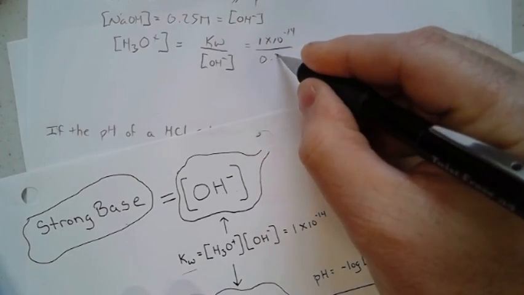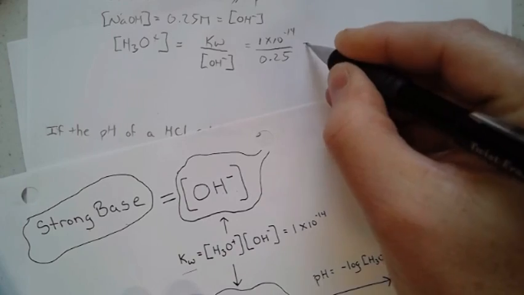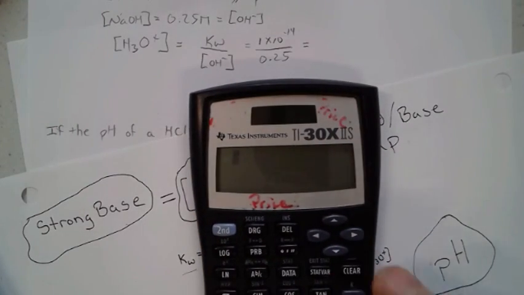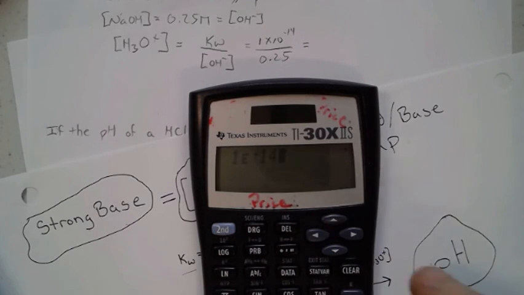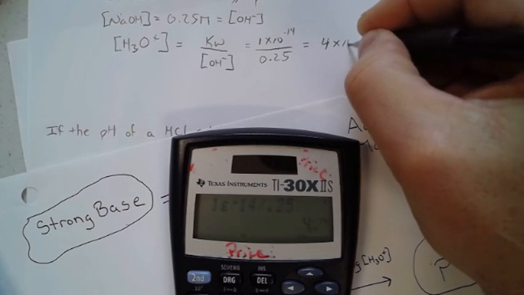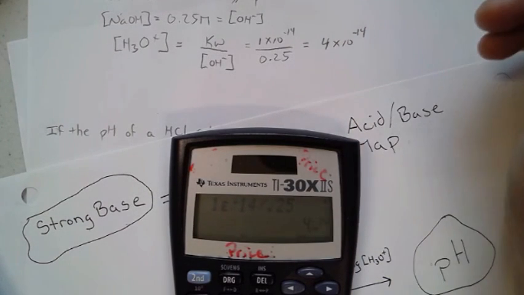OH in this case is 0.25. Therefore, on my calculator, I go 1 EE negative 14 divided by 0.25 equals. And I have 4 times 10 to the negative 14.